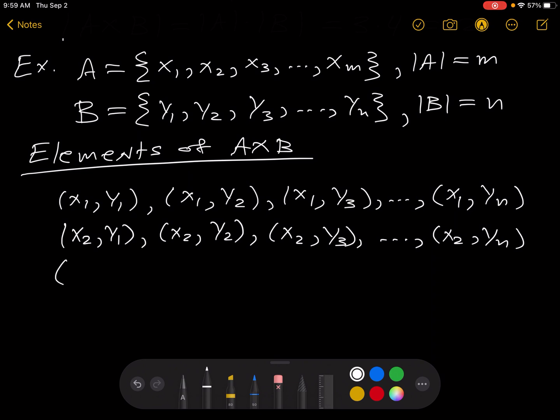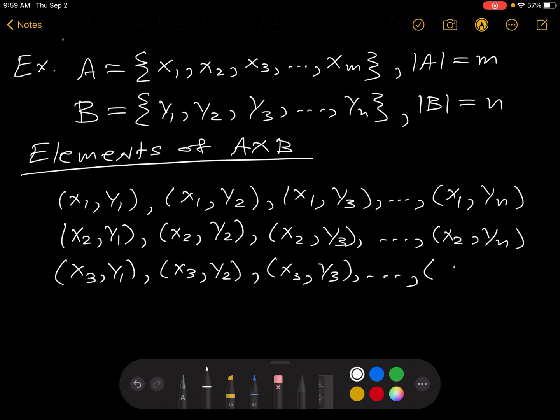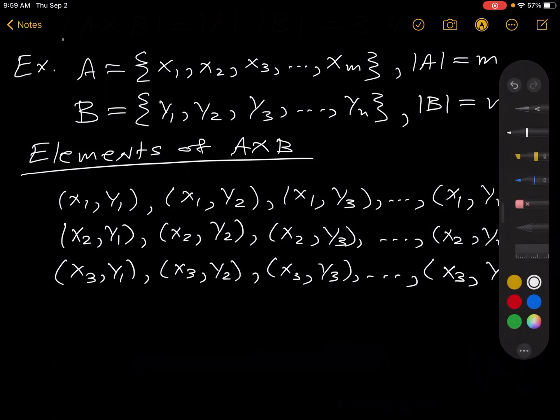Now, let's see, x3, y1, x3, y2, x3, y3, x3, yn. And we could keep doing this. I guess, in fact, I will need more room. All right. And we could keep doing this for a long time. We'd do it for x4, same thing.